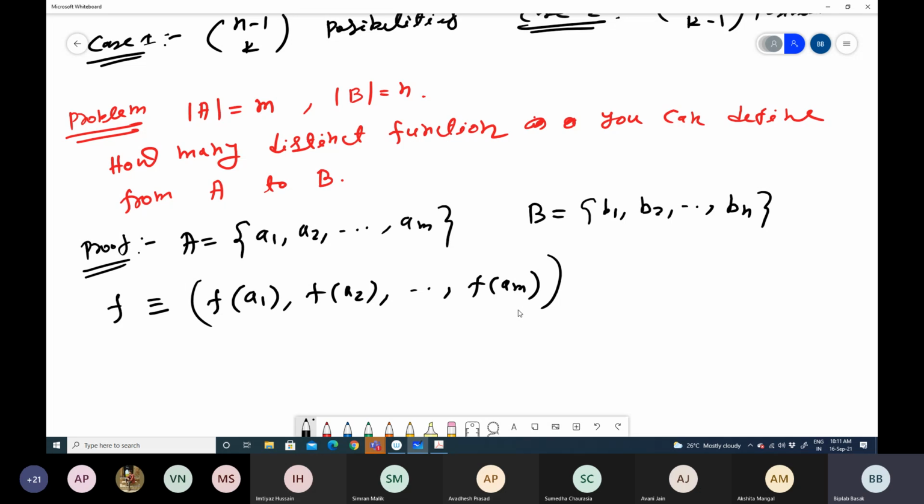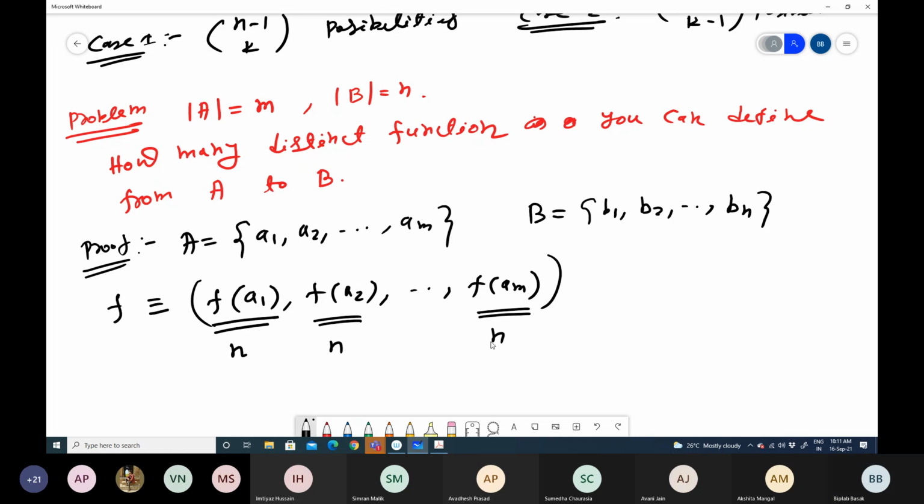Because if we know the values at a1, a2 up to am, then we know the function. So f is uniquely determined by f of ai, where i is from 1 to m. Now since we are not imposing any restriction, for this we have n choices. For this again we have n choices, because f of a1 and f of a2 may be the same, and similarly for this one we have n choices.